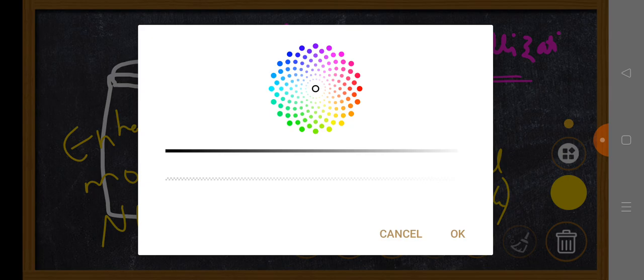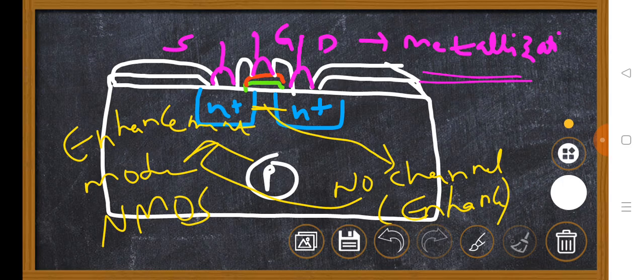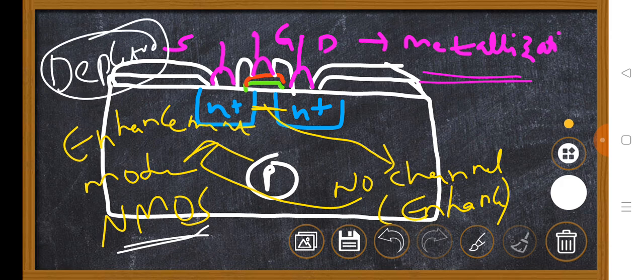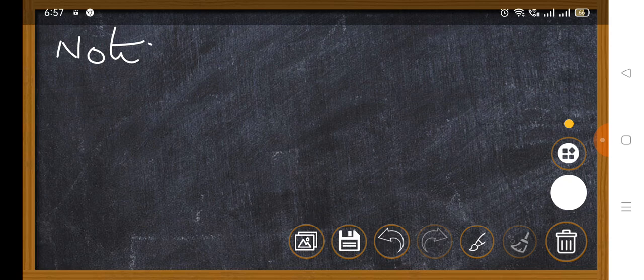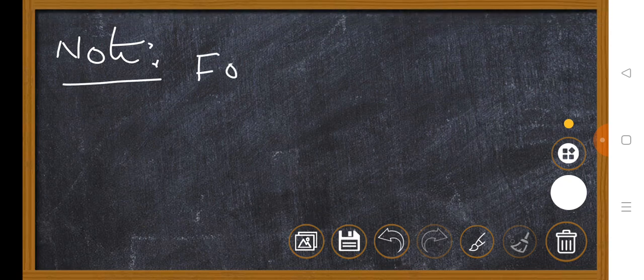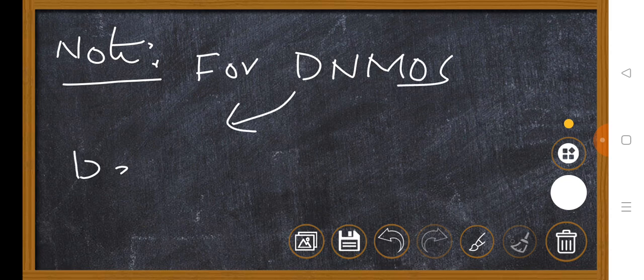Now, to get a depletion mode NMOS transistor, what should we have to do? I will tell in this class itself. Observe very carefully, very important notes. For depletion mode NMOS transistor, this D stands for depletion.